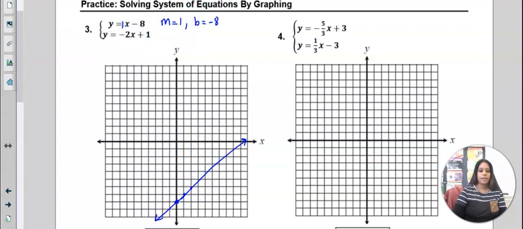And then the other one, it looks like the slope here is -2, and the y-intercept is at 1. So my y-intercept is at 1. So it's down 2 over 1, down 2 over 1, down 2 over 1. It looks like it's going to cross right there. Oops, this line is messed up.